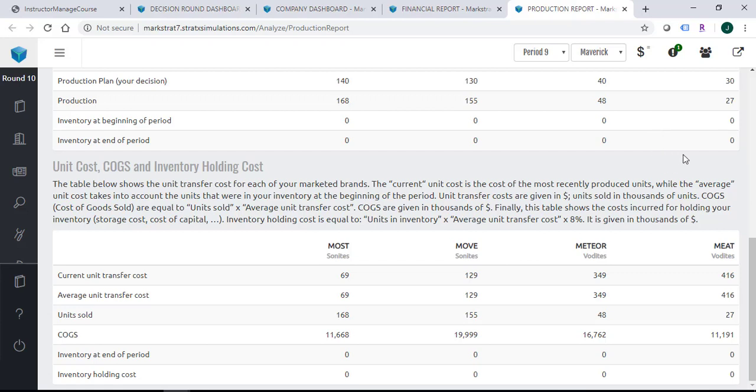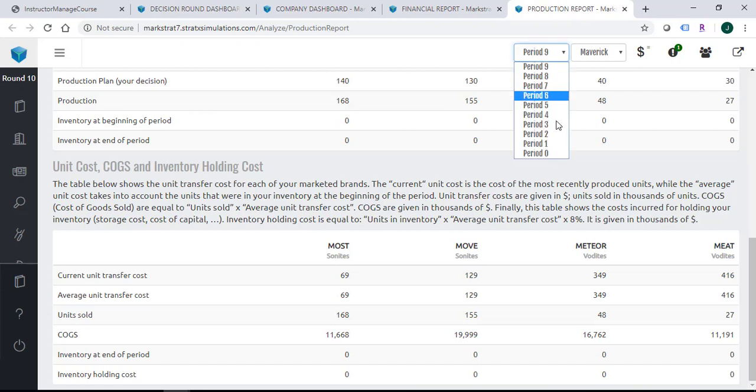Finally, this table shows the cost incurred for holding your inventory. Inventory holding cost is equal to units in inventory times average unit transfer cost times 8%, given in thousands of dollars. So this is the data from period 9.